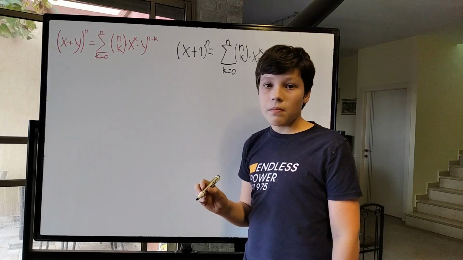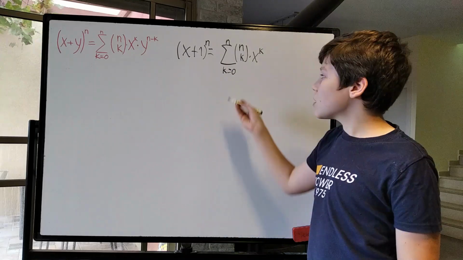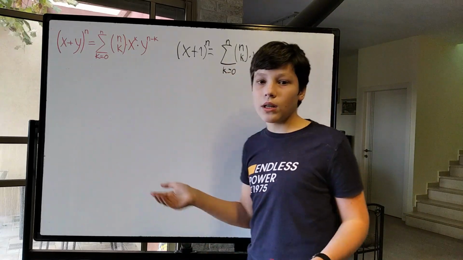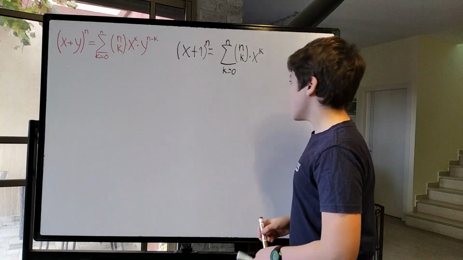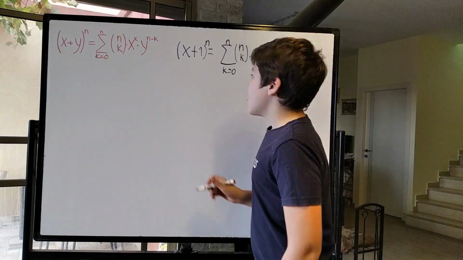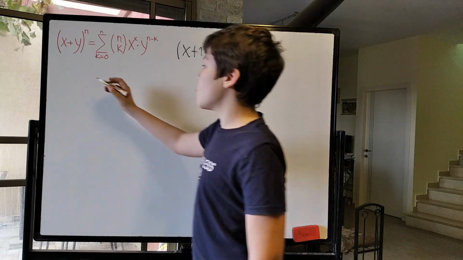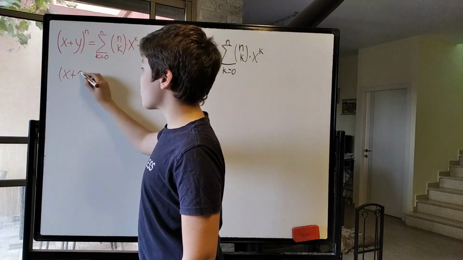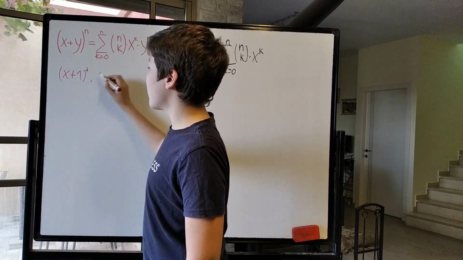Now, let's just put in here some values of n and see what it looks like. For n equals 2, we have (x + 1) squared.